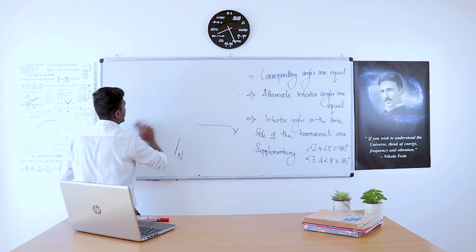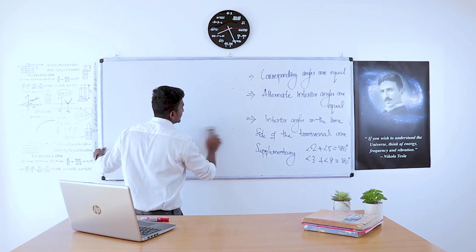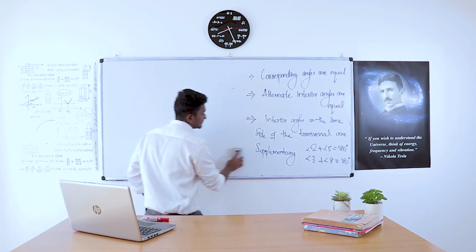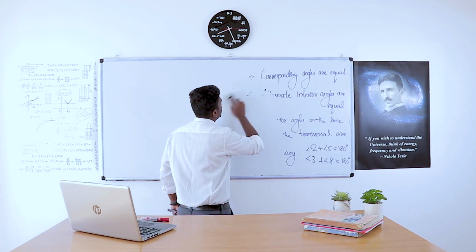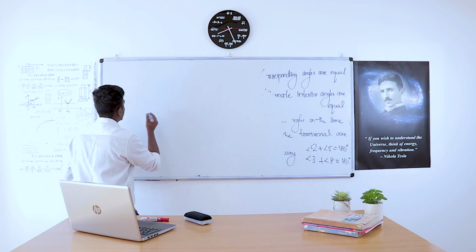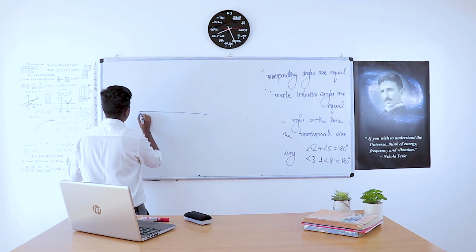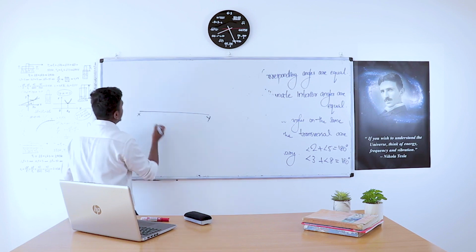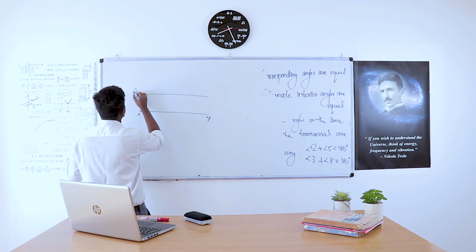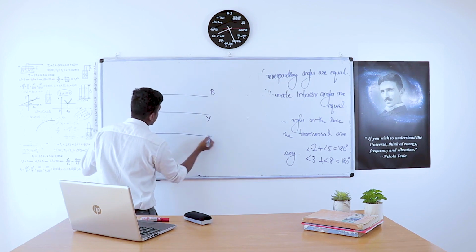I'm going to explain that. The next case is that consider a line XY, another line segment AB, and another one CD.